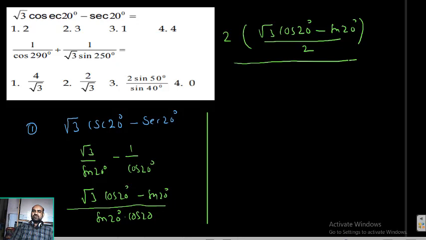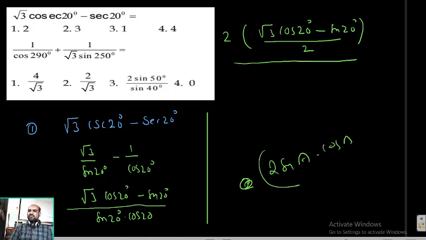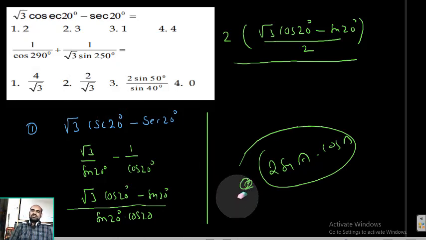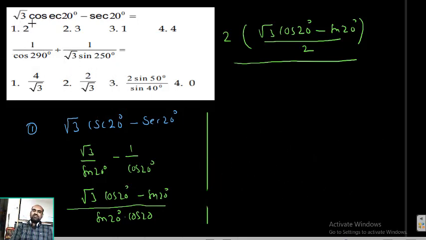Here also the denominator is in the form of sin A cos B, but we want 1 by 2, then this is nothing but sin of A plus B plus sin of A minus B only. That's why here also I want to multiply with 2 and divide by 2. So 1 by 2 into 2 sin 20 into cos 20.